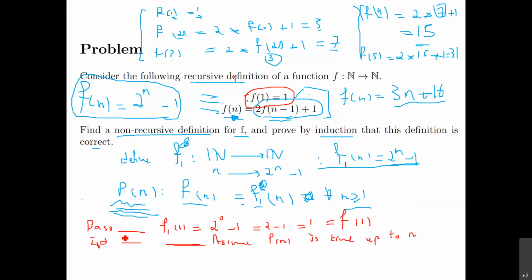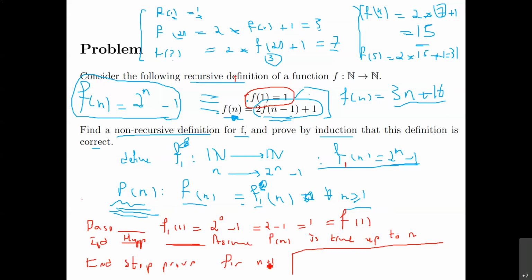Induction hypothesis. Now let's prove it for the induction step, which says prove for n plus 1. So what is that? Now how can we actually prove it?